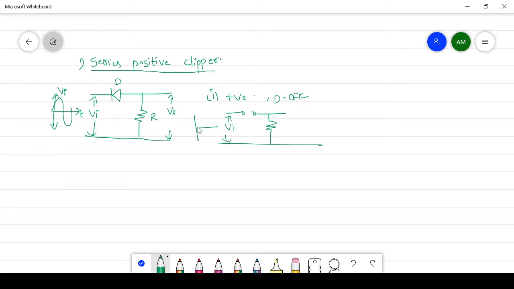For the positive half cycle, we get zero output, because there is no current flow in the circuit, so the output voltage is 0 volts.